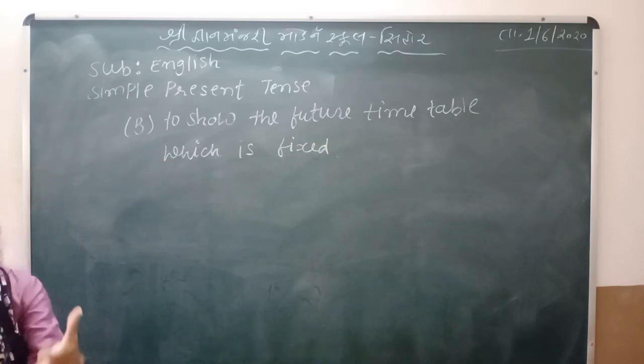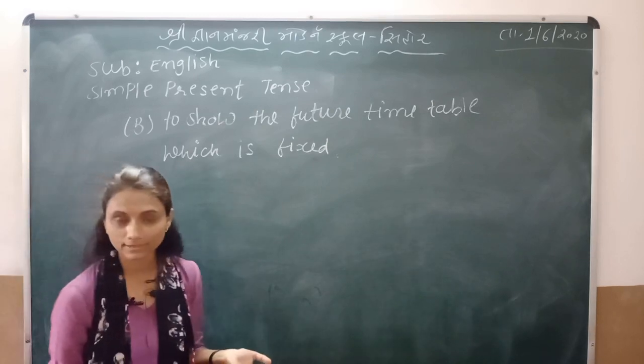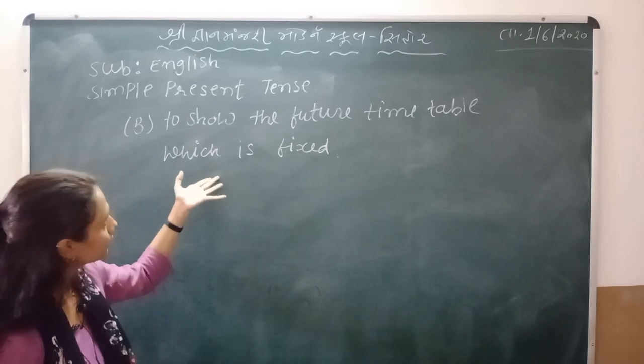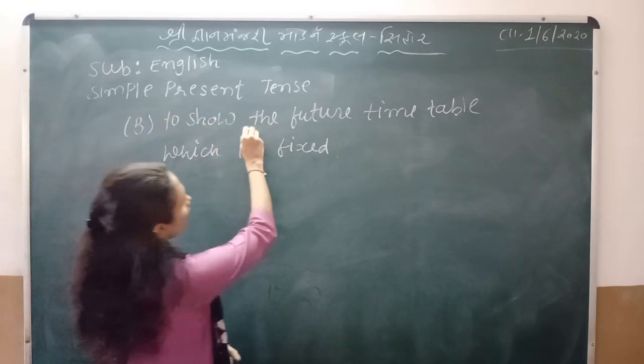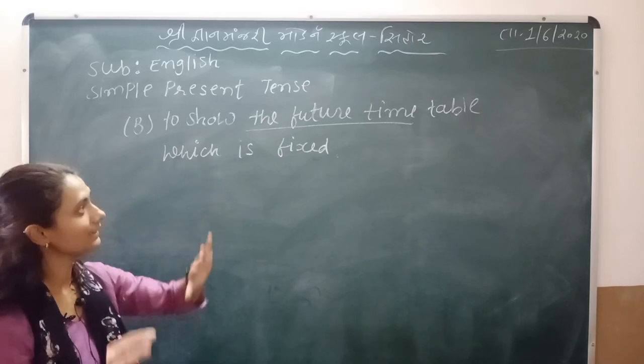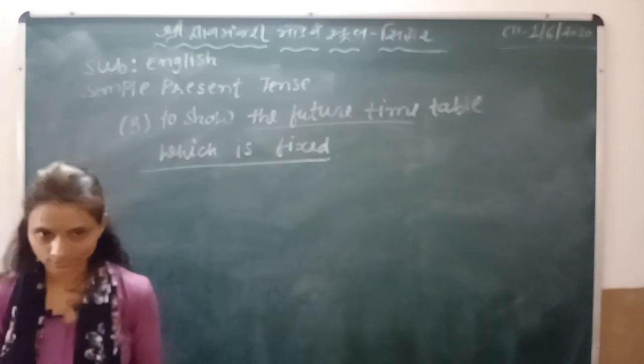Now you must have a doubt: how can we use simple present tense for a future thing? But yes, you can use simple present tense for future time, but only when the things are fixed.